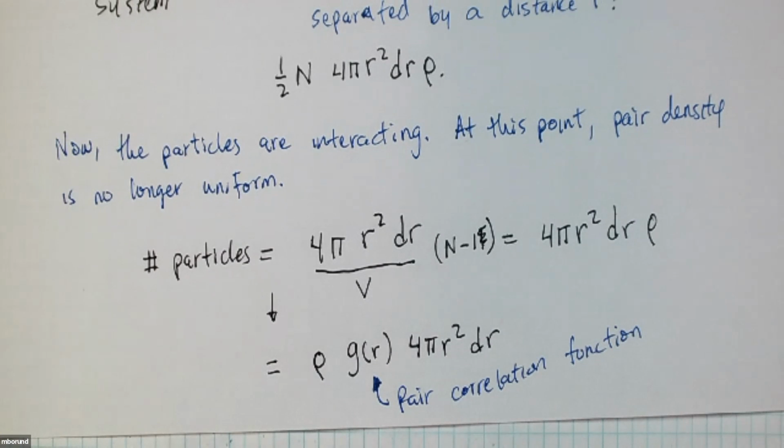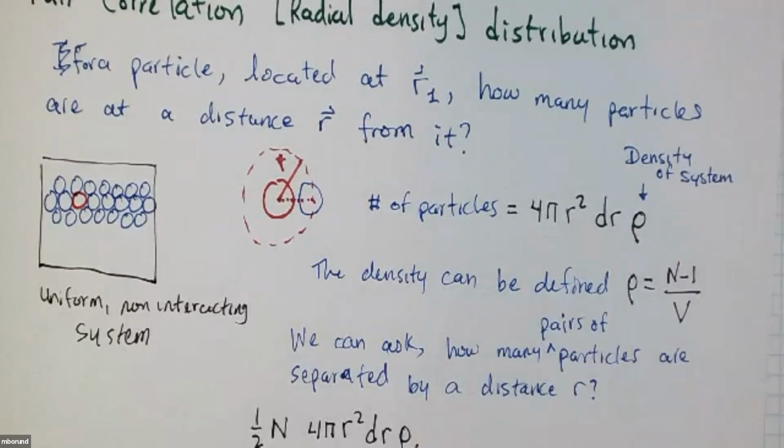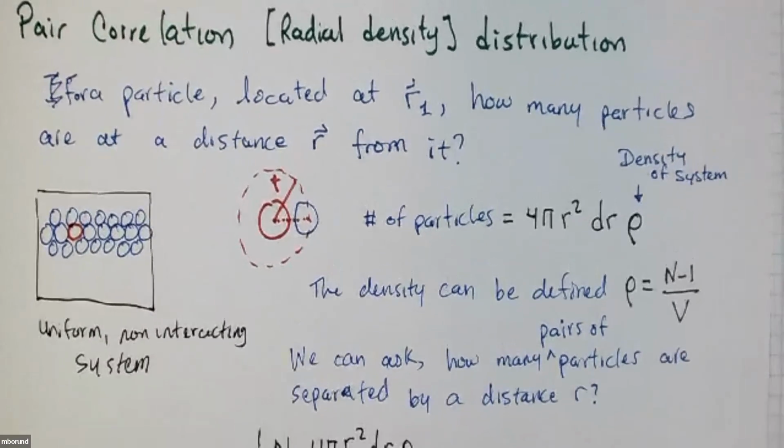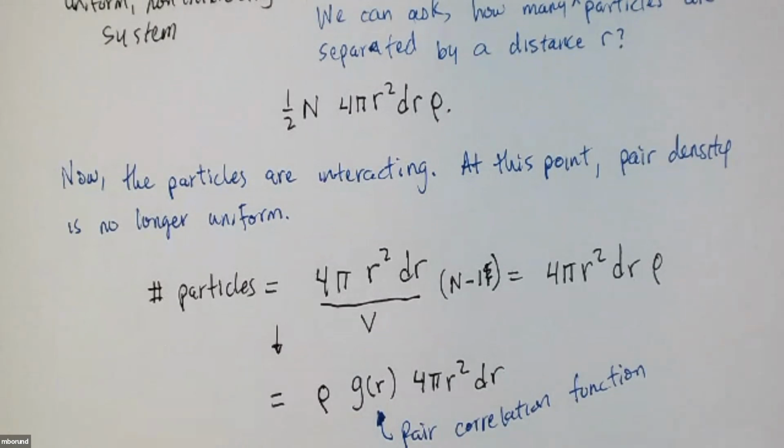In order for us to write what this pair correlation is, this is what calls interactions, right? If particles are not interacting, this pair correlation is just 1, and it doesn't matter. But because that's not uniform anymore, because the particles are interacting, we have to figure out what that is.